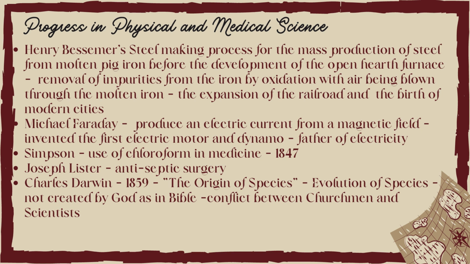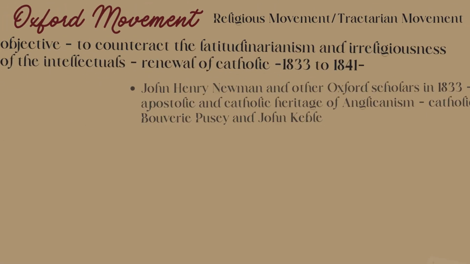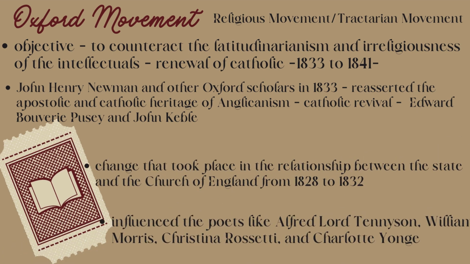Along with these social and scientific advancements, there was a religious movement going on, that is the Oxford Movement, which is also called the Tractarian Movement, because a series of articles were published in the Tracts for the Times from 1833 to 1841.